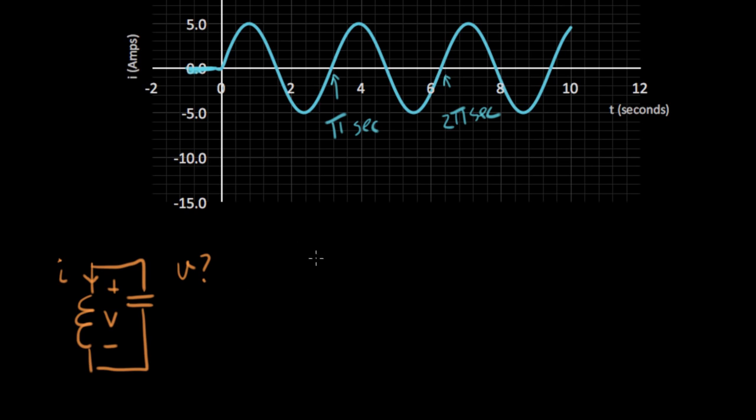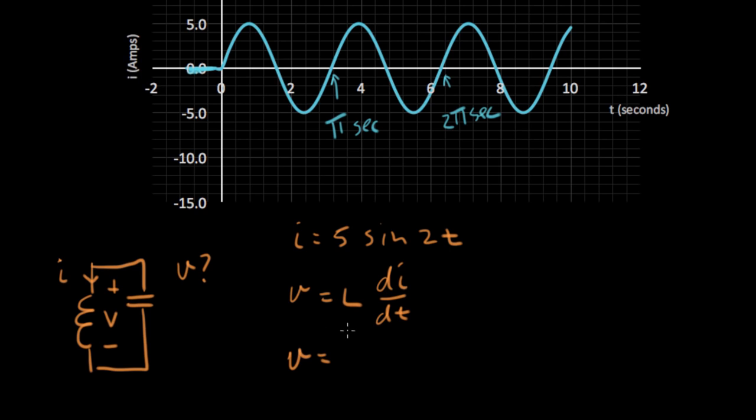So we know that I equals 5 sine 2t. And to find V, one of the easy ways to find V is to use the inductor equation. And we know that V equals L di dt. That's just the basic inductor IV equation, right? And let's see what happens here.